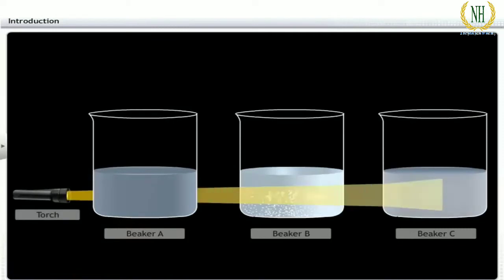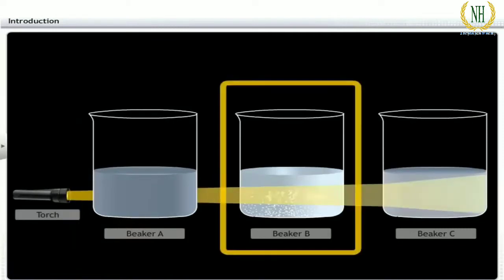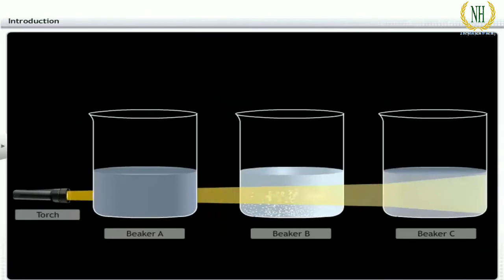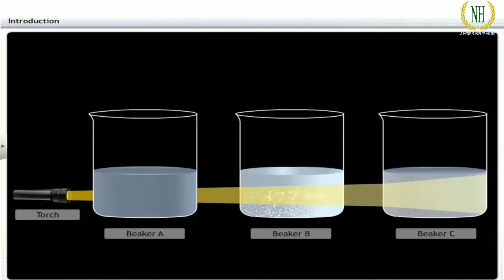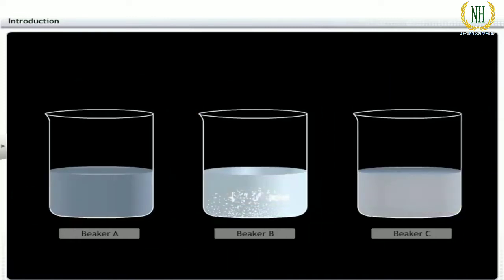Direct a beam of light from a torch through the beakers A, B, and C, and observe each beaker from the front. The path of light is visible in case of B and C, but not in A. Leave the mixtures undisturbed for some time.